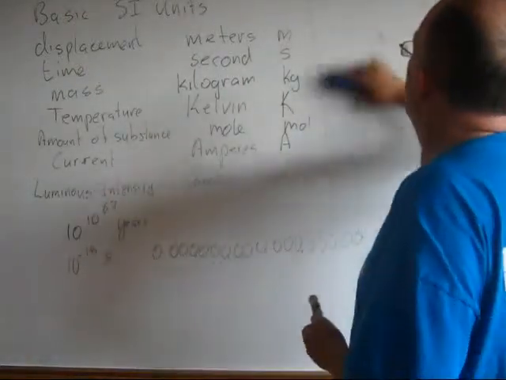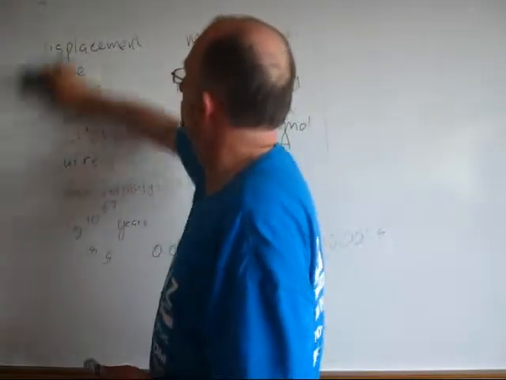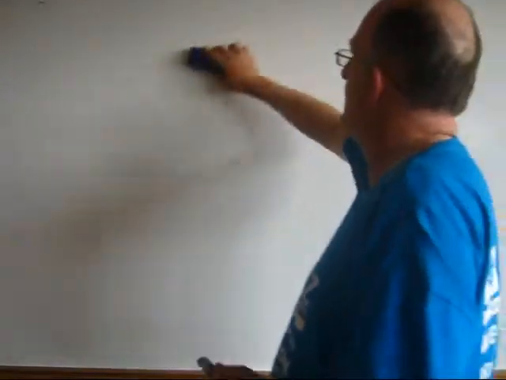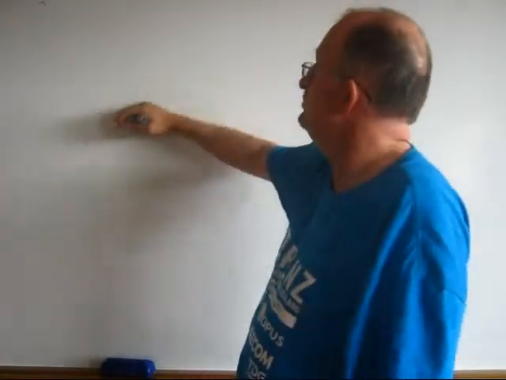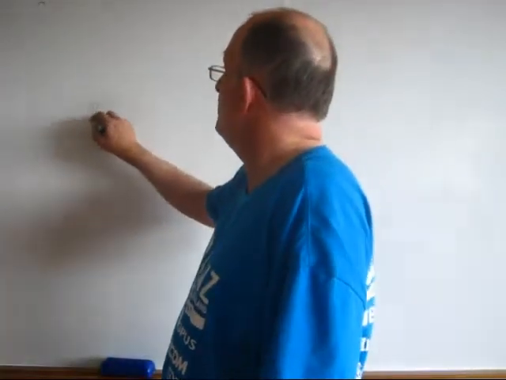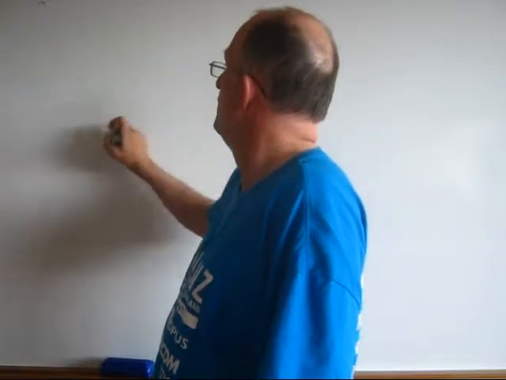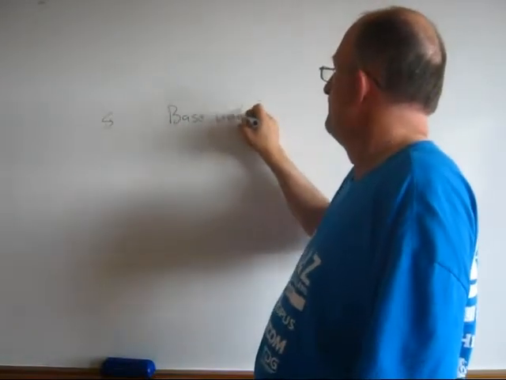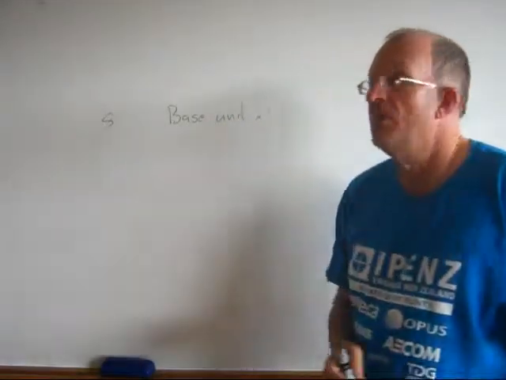So let's try it. Let's just get rid of all of this. Okay, so if we have a base unit, let's try our seconds. Well, it doesn't matter, this works pretty much for all units. So if we have a base unit, seconds, 1. Okay?